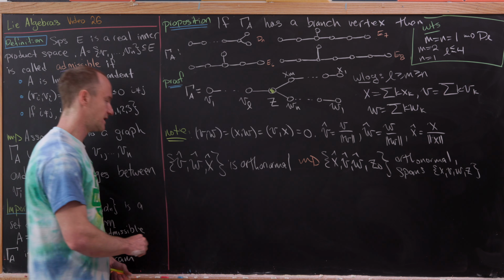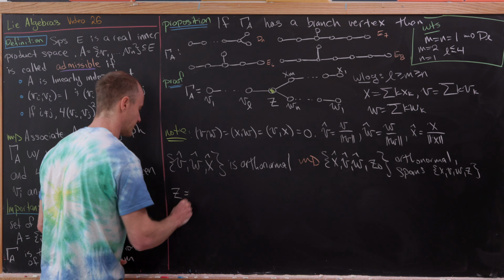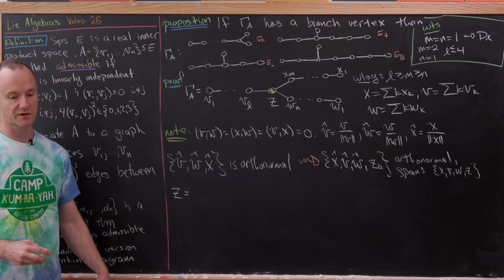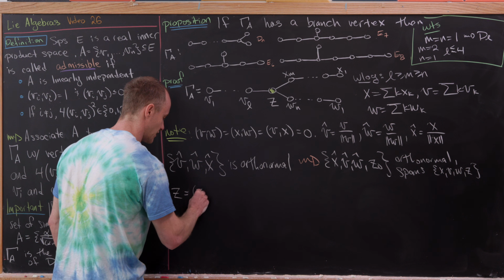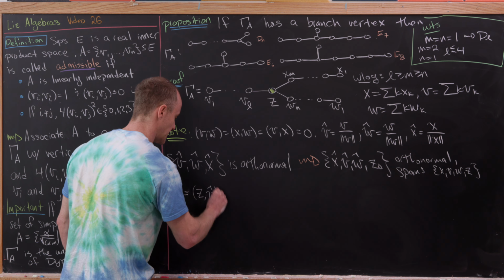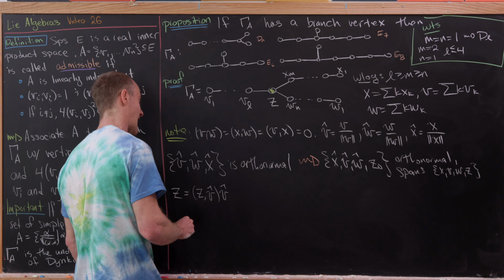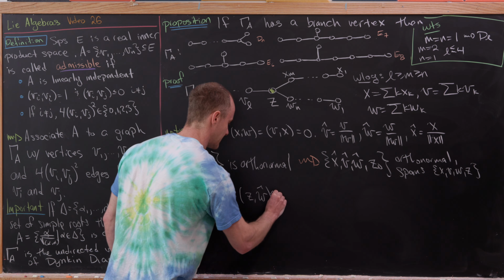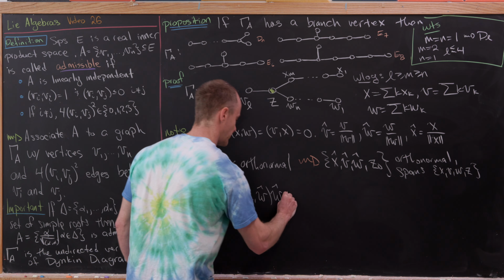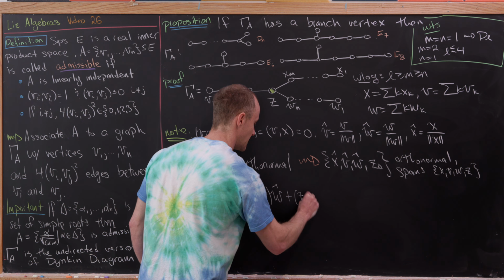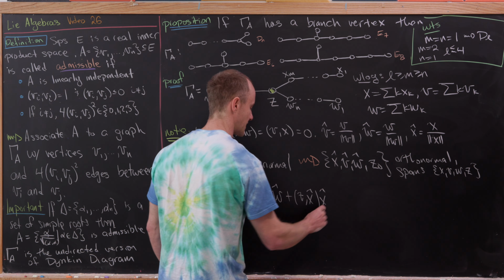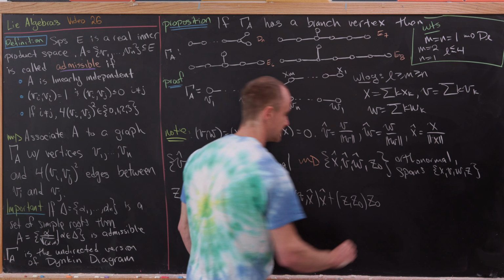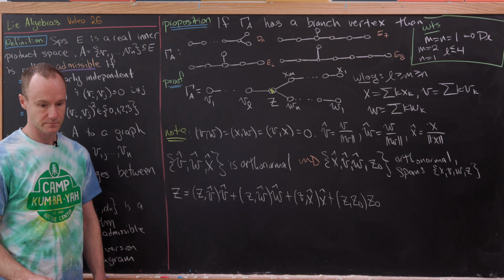Okay, so next up we can do something pretty similar to what we did before, which is write z in this basis. So observe that z will be equal to the inner product of z with v hat in the v hat direction, plus the inner product of z with w hat in the w hat direction, plus the inner product of z with x hat in the x hat direction, and then finally the inner product of z with z naught in the z naught direction.